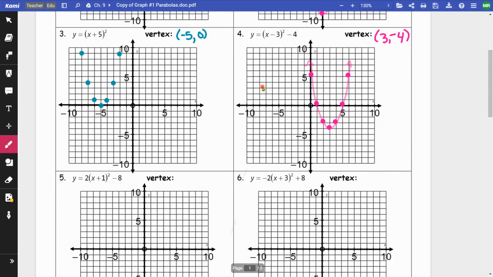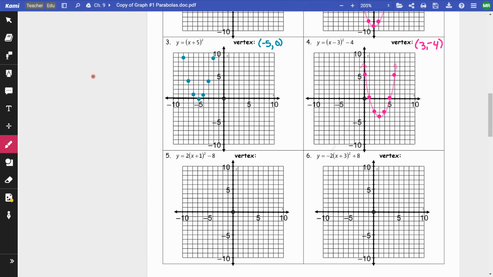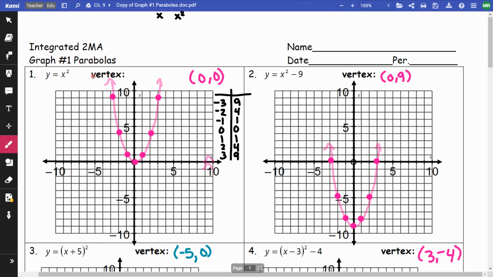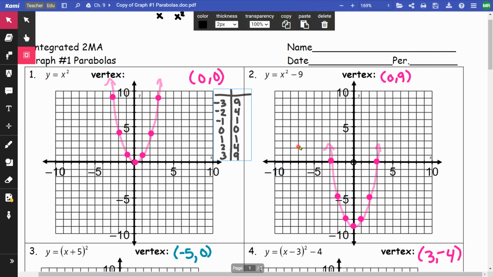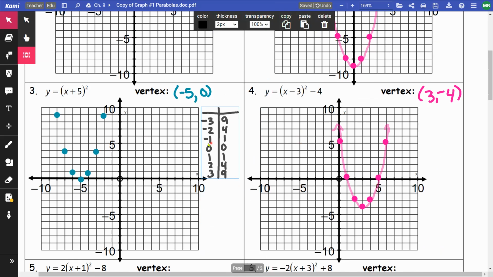Now, if I have one like number 5 where I have a stretch, what's going to happen is all of my points are going to be twice as high. So, for example, if I was going to take this table, okay, I'm just going to put it right here.